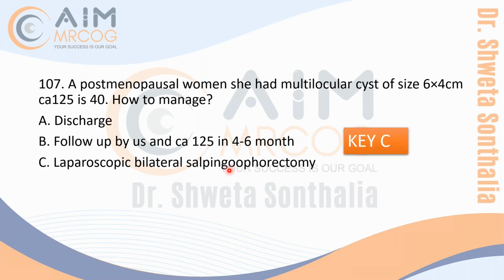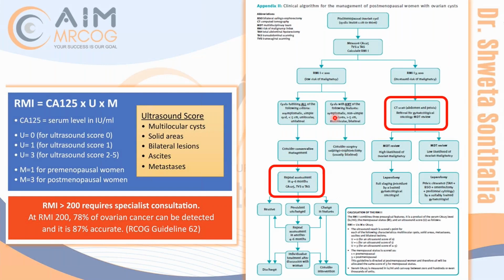Now let's see the algorithm. This is the algorithm. It's very, very important that you remember this very well. So a woman who has a postmenopausal ovarian cyst: if the cyst is less than 1 centimeter, you don't have to do anything. If the cystic lesion is 1 centimeter or more, then you have to evaluate.